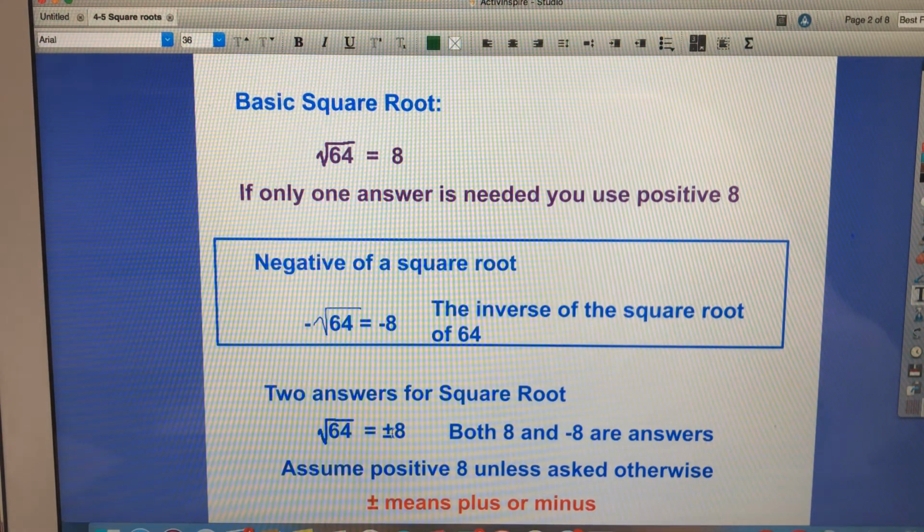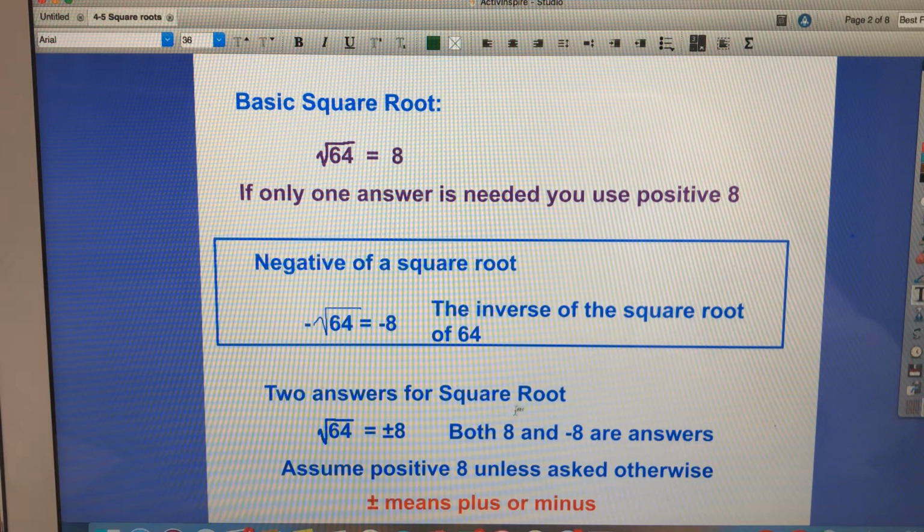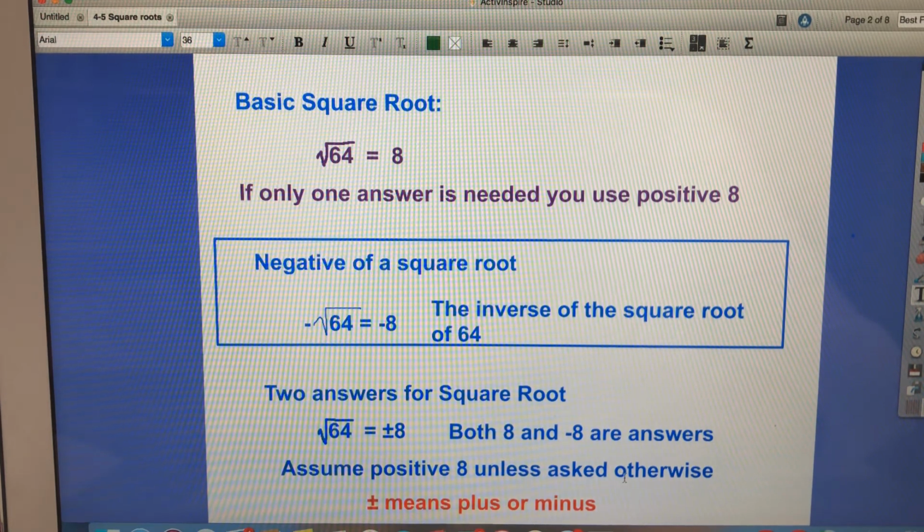You need to know that there are 2 answers for square roots. You learn this eventually, which is now in 8th grade. The square root of 64 is actually plus or minus 8, because both 8 and negative 8 are true answers. You can assume positive unless you are asked otherwise.